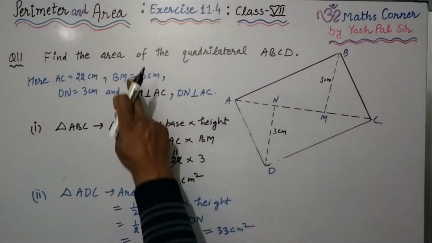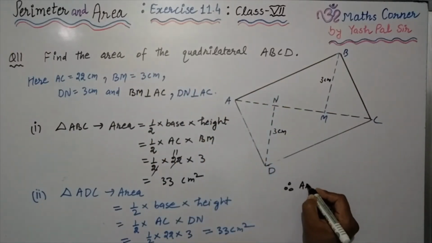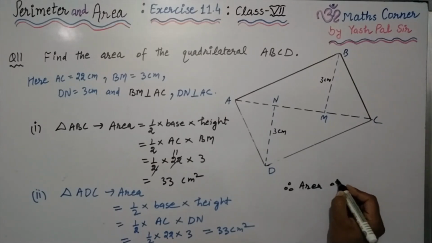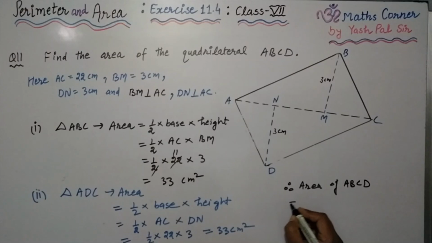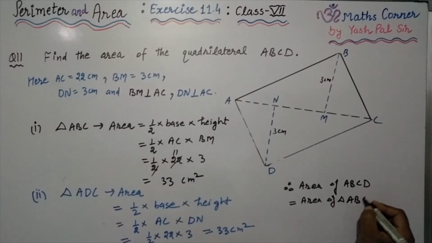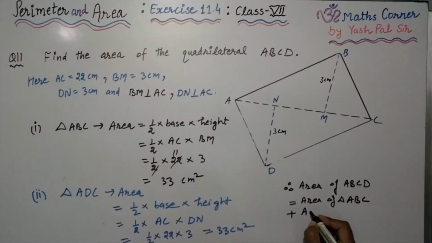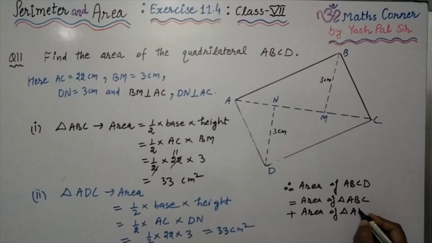Now what is the question? Find the area of the quadrilateral. Area of ABCD is equal to area of triangle ABC plus area of triangle ADC.